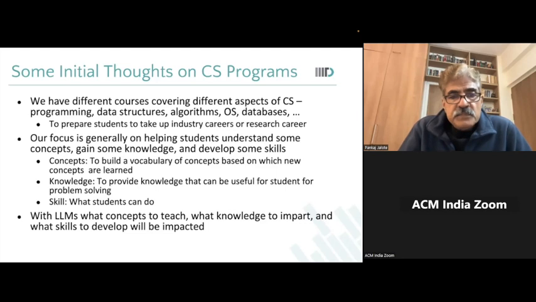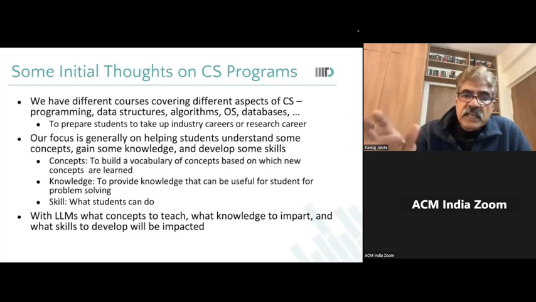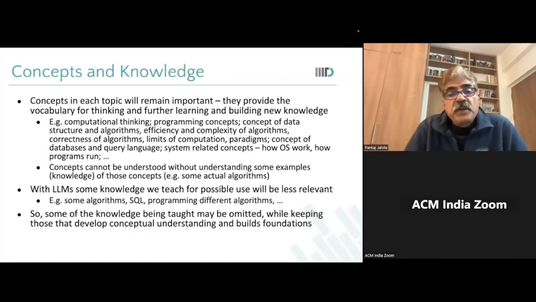So with LLMs now, once we accept that LLMs are there and that they are part of our larger system around us, then the balance between concept, knowledge and skill will have to change; it will definitely get impacted. My thought is that concepts in each topic will remain very important, because they provide the vocabulary for thinking and further learning and building knowledge.